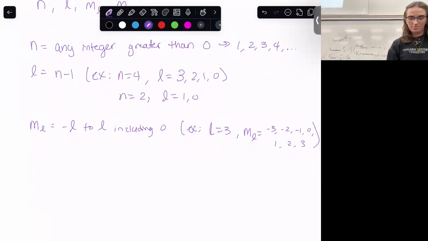Okay, and then for n sub s, what are our options? Good, so you can have +1/2 or -1/2, right? This is telling you an upspin or a downspin, and this is just telling you what the electron can be.